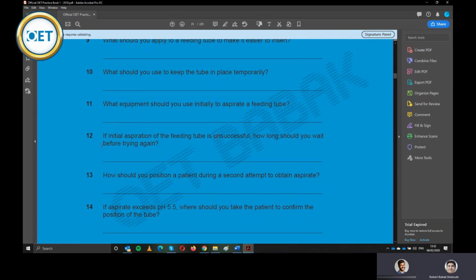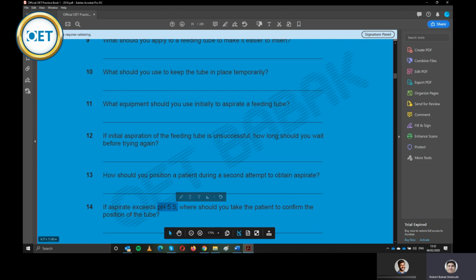So you suggest that I read all questions and then find all answers, right? That is ideal, if you can remember your questions. Positioning the patient, a second attempt. That is probably again part B. And aspirate exceeds pH.